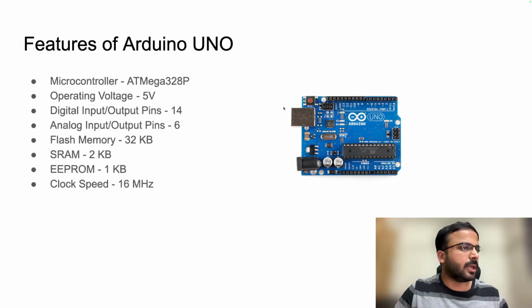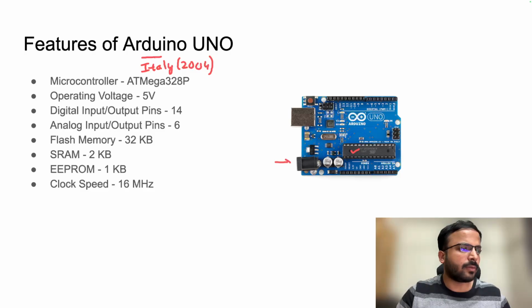Okay, so let's begin. So Arduino in general is a physical development board which was designed by a group of people in Italy, around 2004. And it consists of a microcontroller. So if you see, it will have a microcontroller, it will have several other power ports.